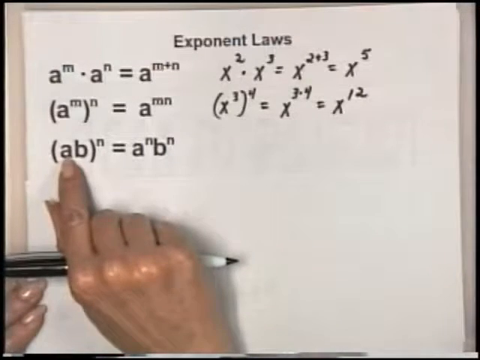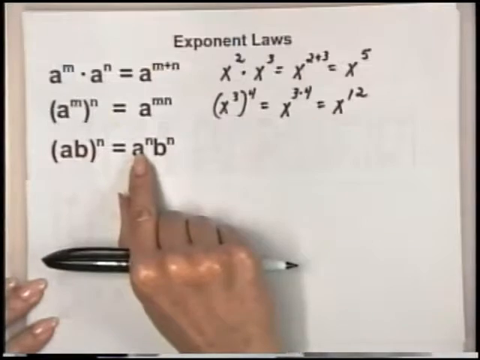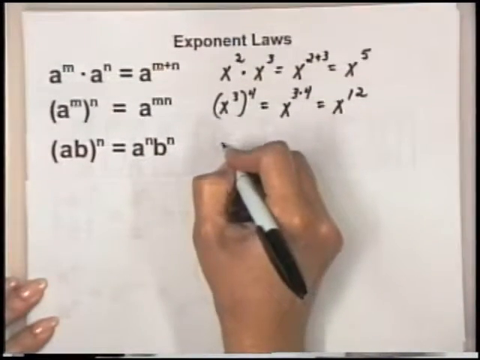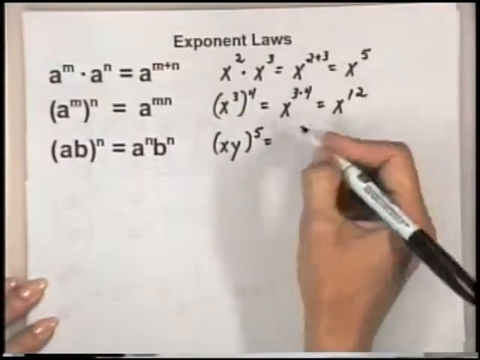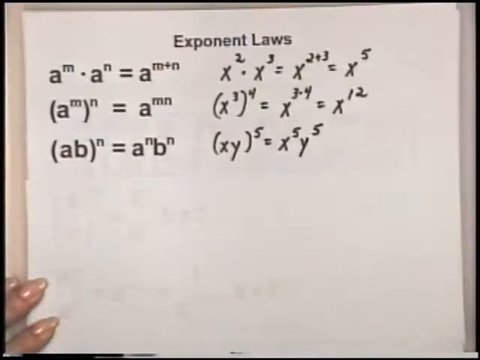If I have a product a times b raised to the nth power, it is equal to a to the nth times b to the nth. If I have x times y raised to the 5th power, the result is x to the 5th times y to the 5th.